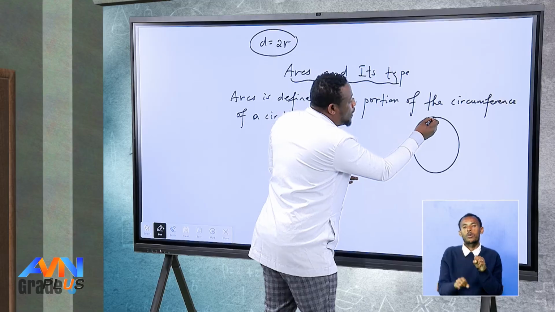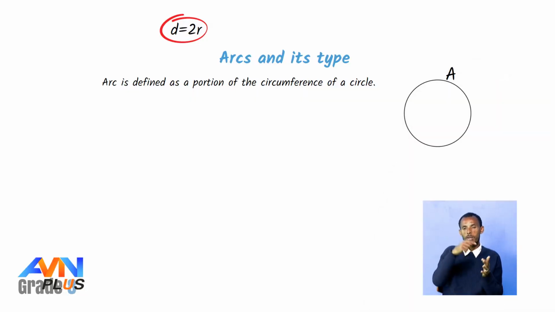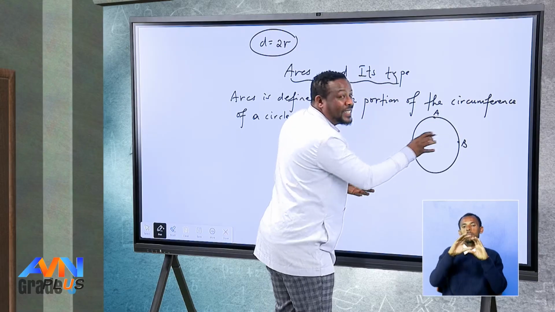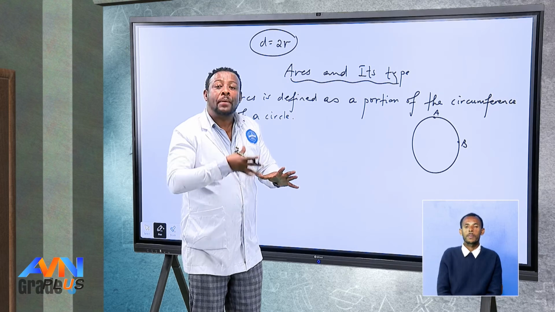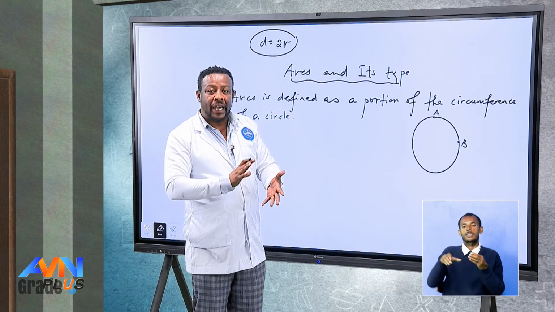If you have 2 points, say A and B, this piece is called arc AB, some part of the circumference of a circle.